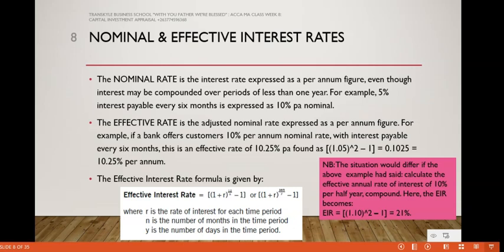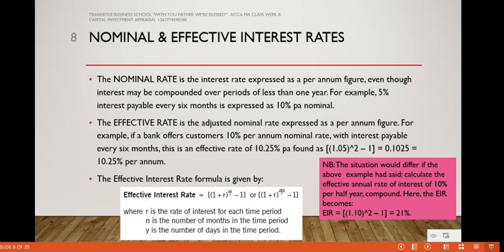So we just have to multiply the 6 month rate by 2, and we get 10%. Then when you're talking of effective interest rate, this one is an adjusted nominal rate.